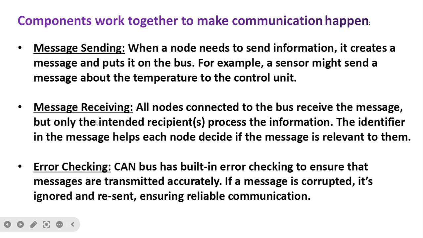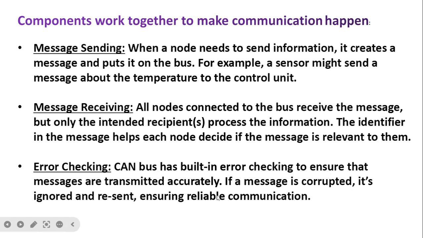Now message receiving: all nodes connected to the bus receive the message, but only the intended recipients process the information. The identifier in the message helps each node decide if the message is relevant to them, right? And then error checking: CAN bus has built-in error checking to ensure that messages are transmitted accurately.